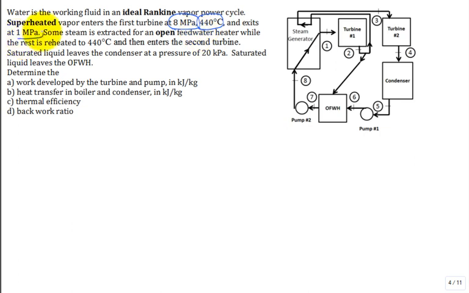I expand to 1 megapascal through the first turbine stage. That's my intermediate pressure. Then it goes back for reheat, and gets back up to 440. It doesn't have to; in a power plant, you reheat to a different level. But reheat back up to 440, then go through the second turbine stage.